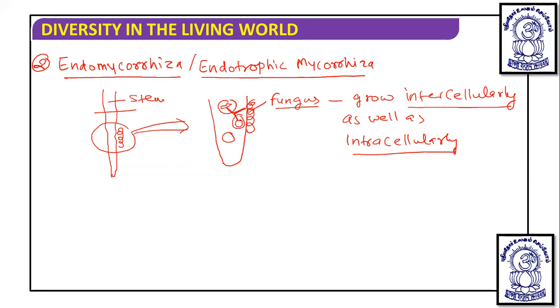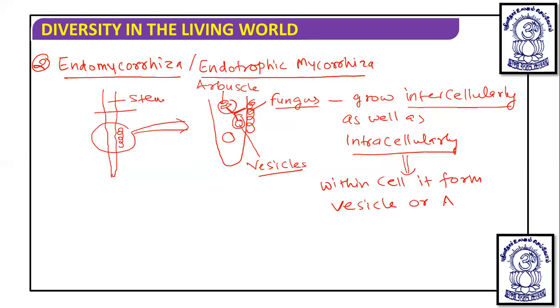You can see this is the fungus which is growing between the cells, and then it enters within the cell, and within the cells it forms these oval structures which are known as vesicles, and these branched structures which are known as arbuscules. So intercellularly means between the cells, and intracellularly means within the cells, and within the cell it forms vesicle and arbuscule.